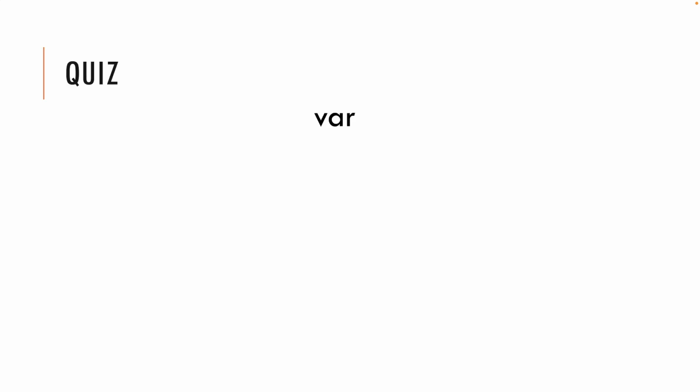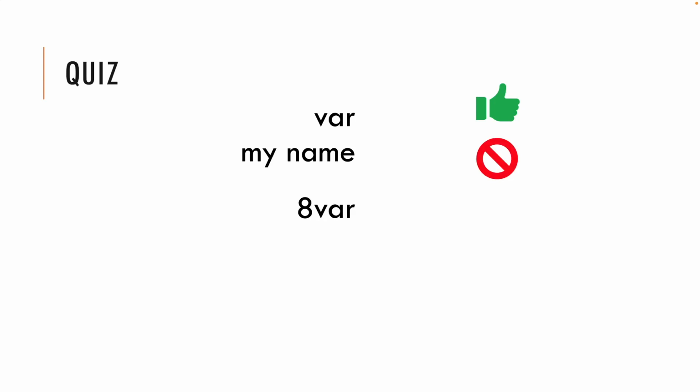Okay, simple thing here: this is a valid identifier because it starts with an alphabet. This is not a valid identifier because it has a space. Is this valid?